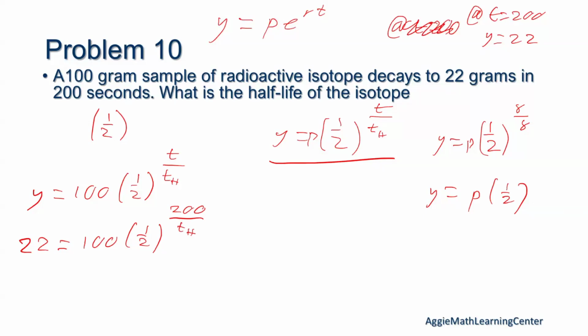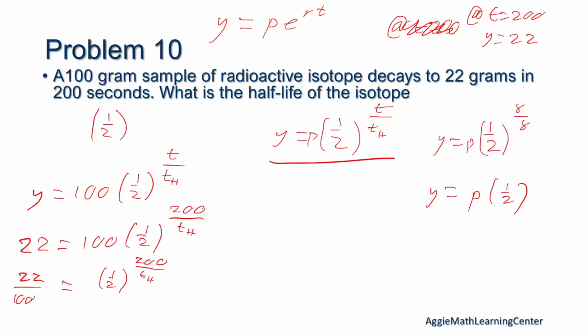So now we can solve for your half-life time here. You can divide by 100, so you have 22 over 100 equals 1/2 to the 200 over t sub h.